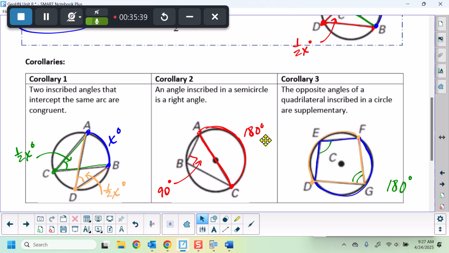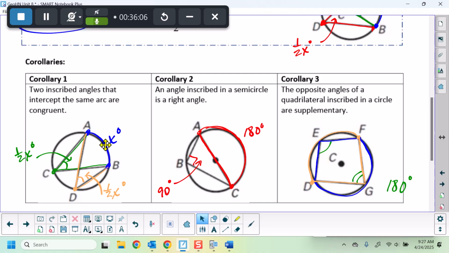If I have 2 different angles that are created from the same intercepted arc, do you see how this green angle ACB and this orange angle ADB both have arc AB as its intercepted arc? Do you see how they're both created from AB?